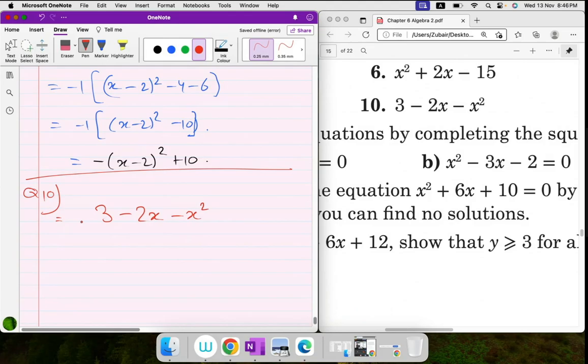So x minus 2 whole square plus 2. Ali, x minus 2 whole square plus 2? Yes, sir. Where is this negative sign? Oh yes, sir, I forgot.